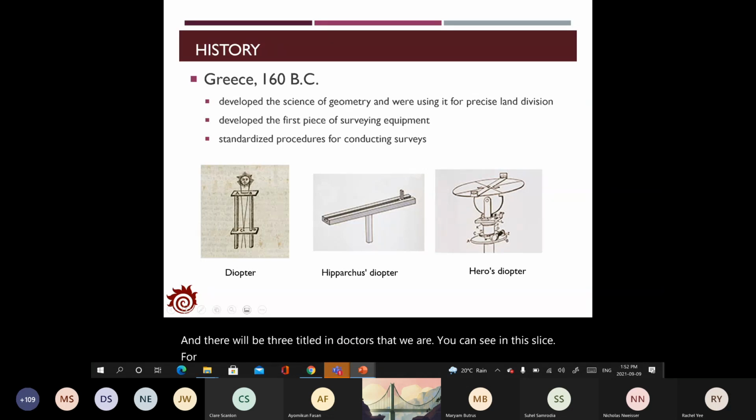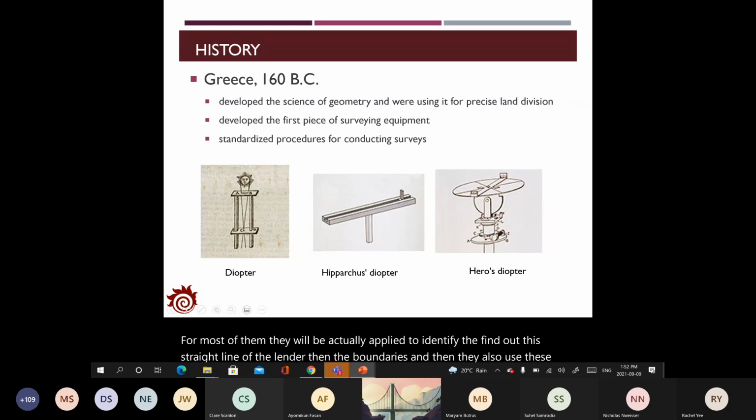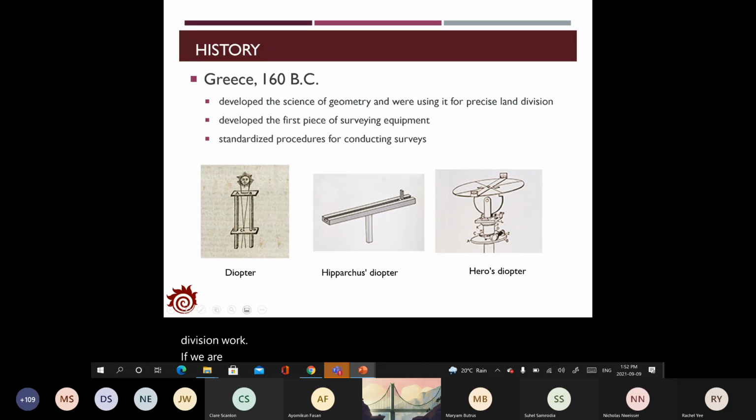Most of them were applied to find the straight lines of land boundaries, and they developed a standardized procedure to complete this land division work. If you are interested in more details about the diopters, you can do some Google searching about these tools, and there are some interesting introductions about each instrument.